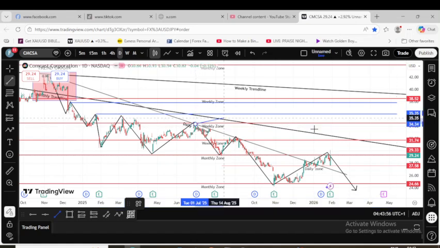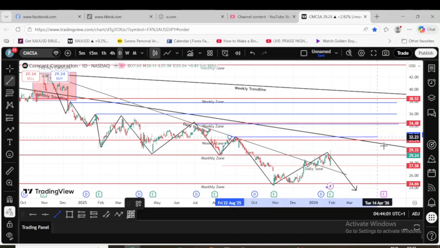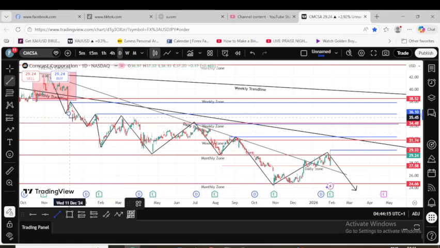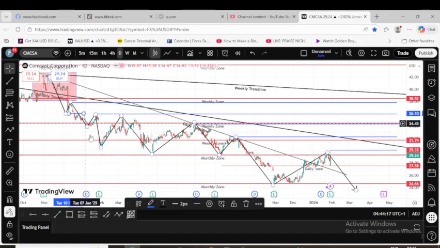So price is clearly in a downtrend, and price is also in a correctional phase.